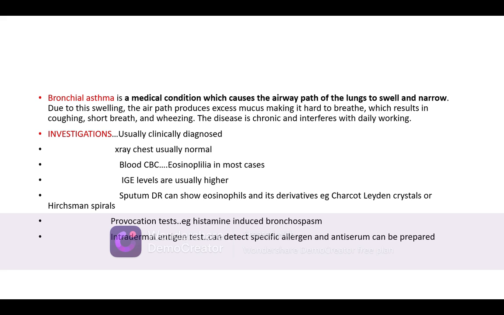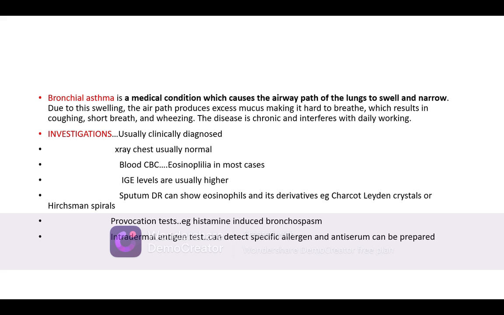Sputum DR can show eosinophilia and its derivatives, as for example the Charcot-Leyden crystals or Curschmann spirals may be seen, which may be the clue. It can also be diagnosed by provocation tests, for example histamine-induced bronchospasm and other cholinergic drugs, which, if you inject, will cause bronchospasm in sensitive patients.